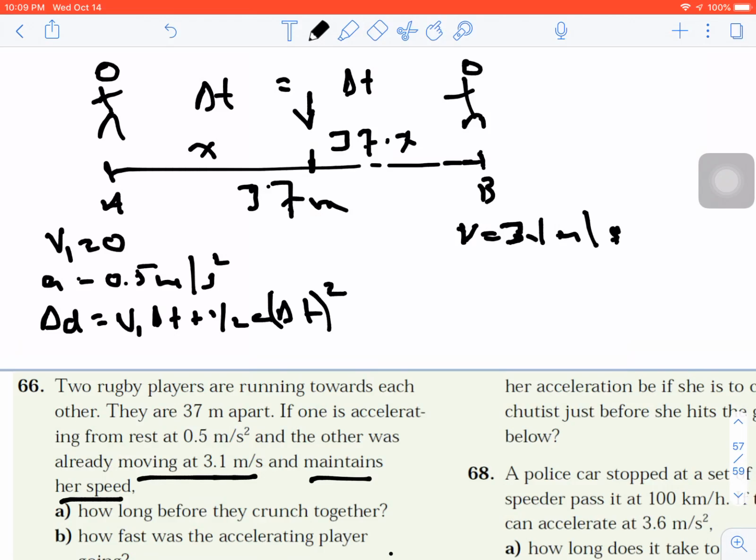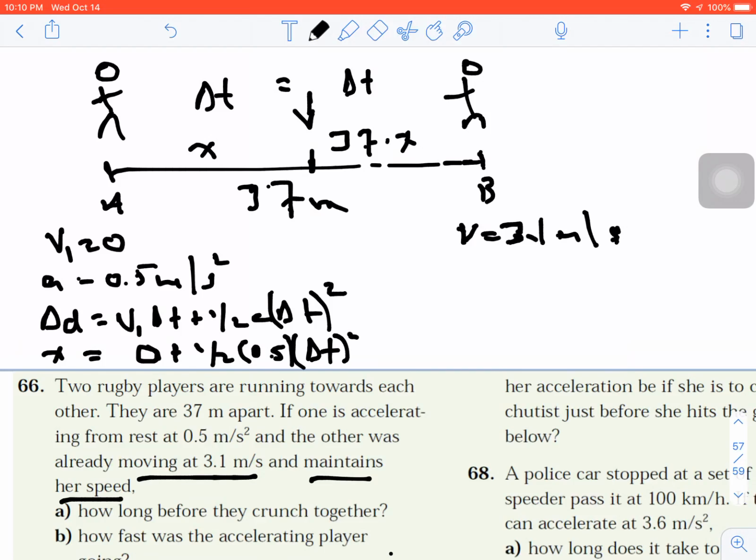I know that V1 was 0, so this whole term becomes 0. I know delta D is X, and I know the acceleration was 0.5, times delta T squared.